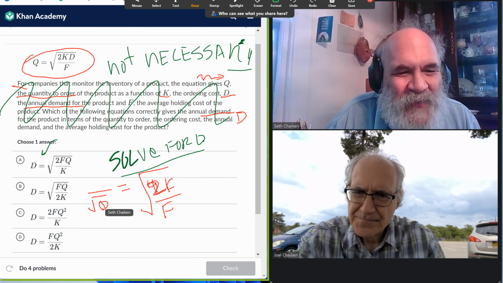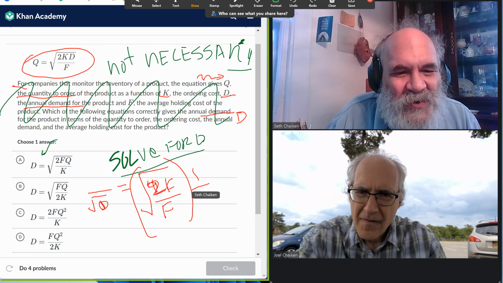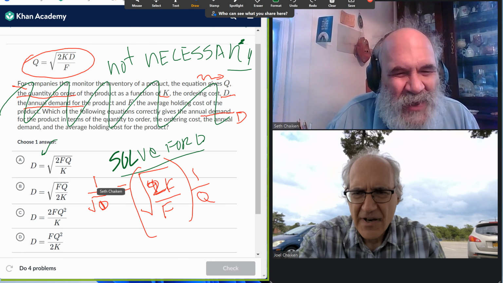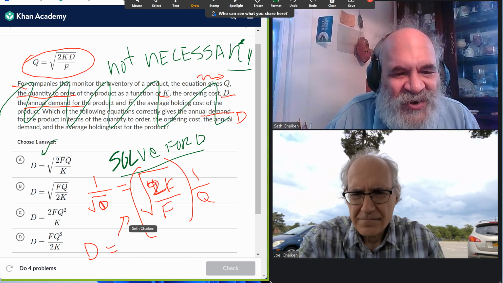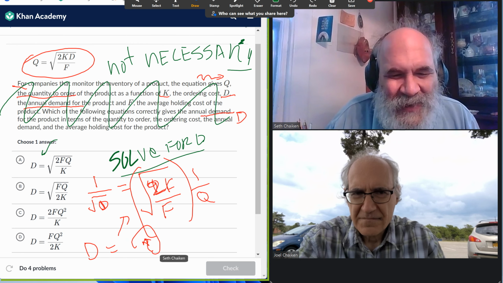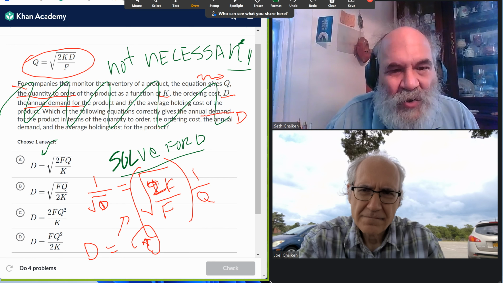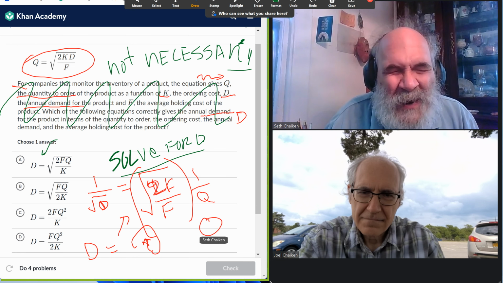So then we divide by Q. And this gives 1 over the square root of D. So D is obtained by taking this, turning it over, and squaring it. The 1 over Q, when you turn that over and square it, we get Q squared.